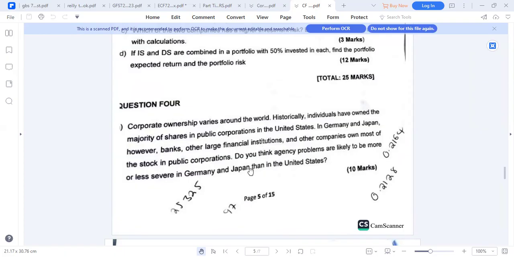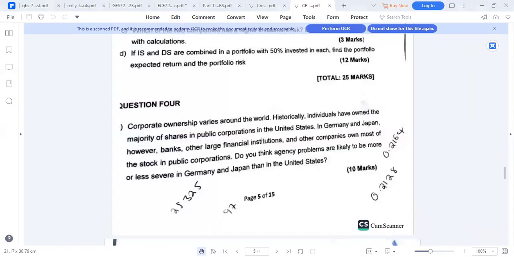However, banks, other huge financial institutions and other companies own most of the stock in corporations. Do you think the agency problem is likely to be more or less severe in Germany and Japan than in the US? Firstly, we need to understand what the agency problem is all about.